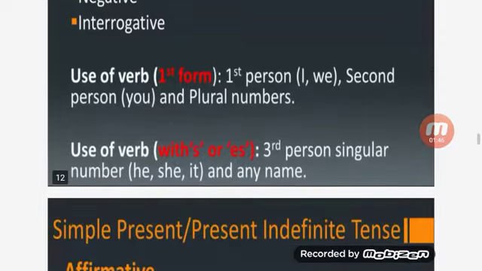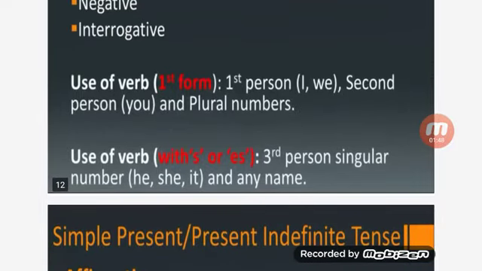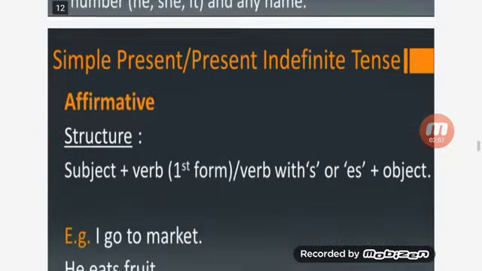And use verb s or es with third person singular number he, she, it, and any name or any singular thing.